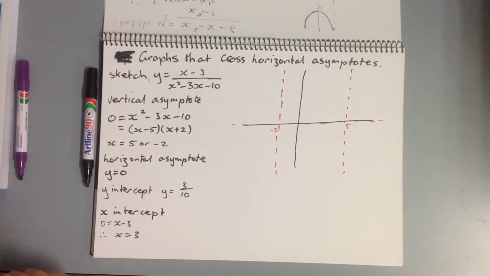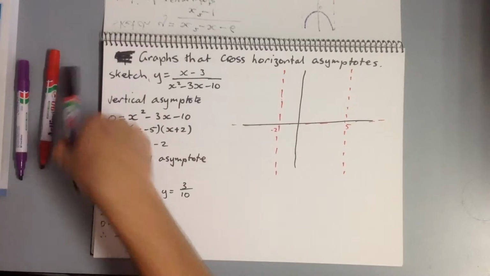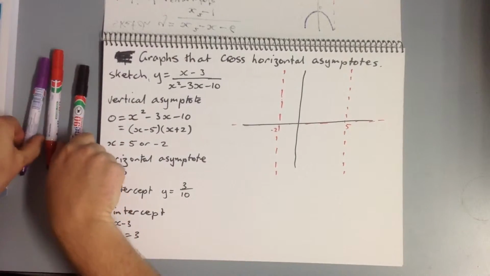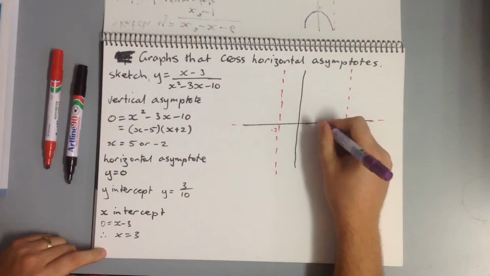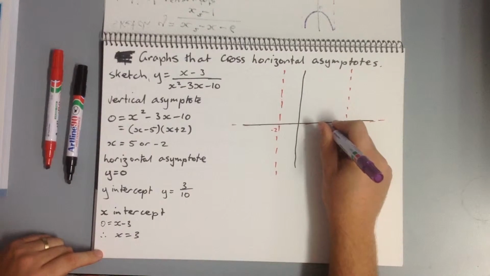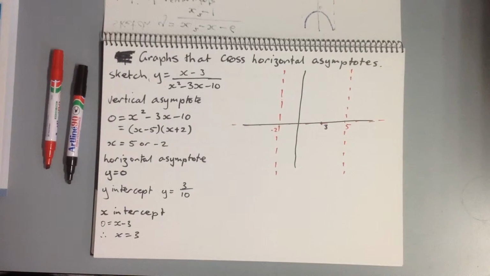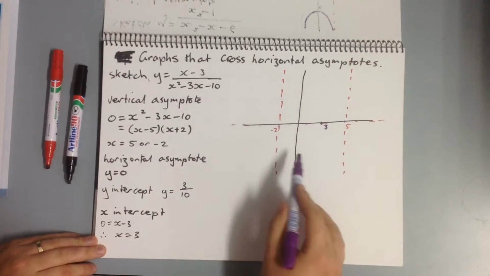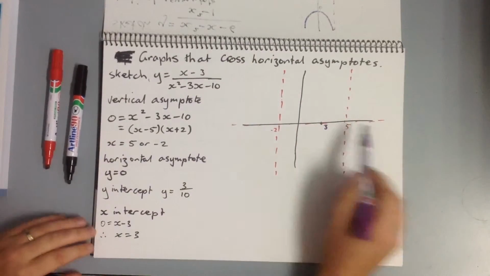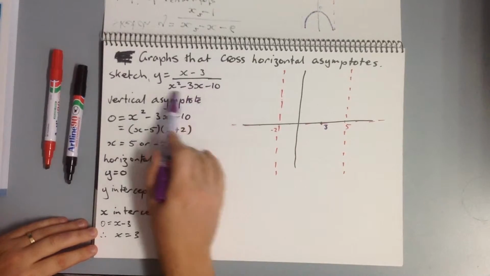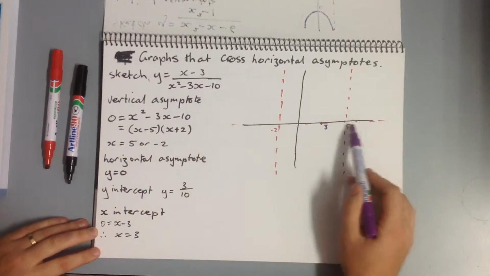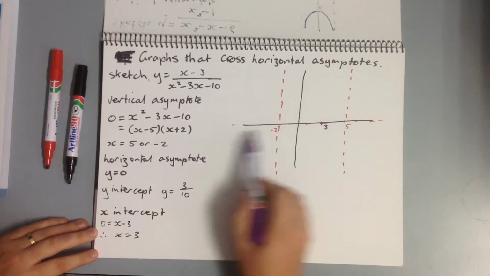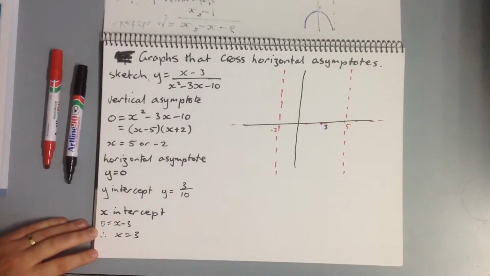So we've got that, but we know that we have an x-intercept at 3. So this is where we're going to cross our horizontal asymptote. Okay, so it's fine to cross horizontal asymptotes and they still show asymptotic behaviour. It's just we're not going to have asymptotic behaviour in this middle part. It's only going to be when our denominator approaches either positive infinity or negative infinity that this actually behaves as an asymptote.